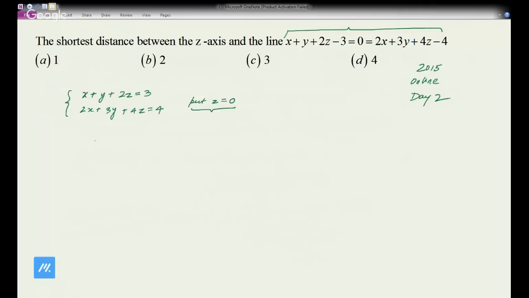If you put z equal to 0, then x plus y is equal to 3, and you will have 2x plus 3y is equal to 4. If you solve these two linear equations, you will get y is equal to minus 2 and x is equal to 5.